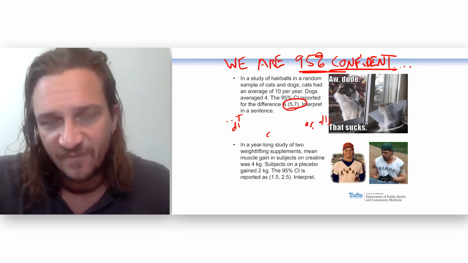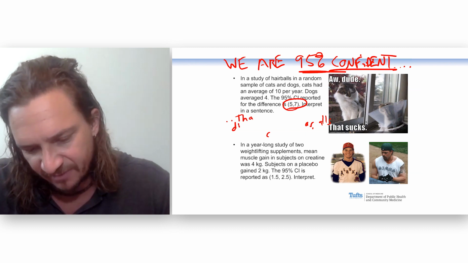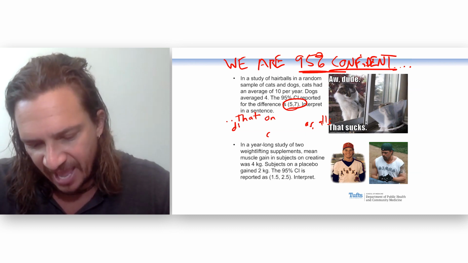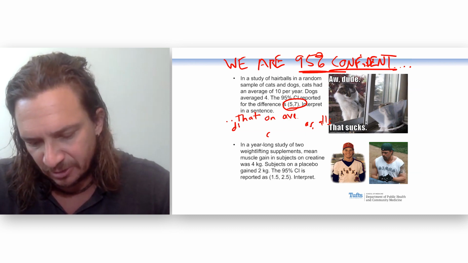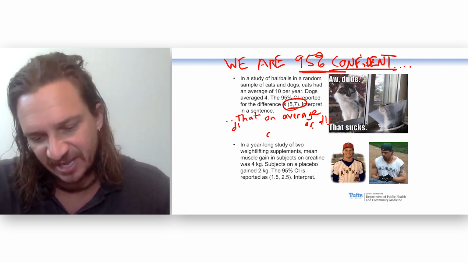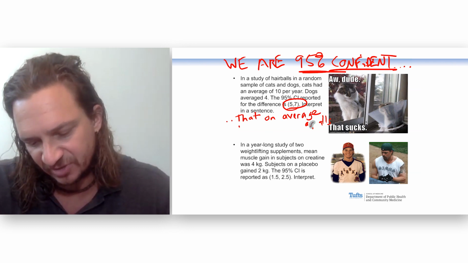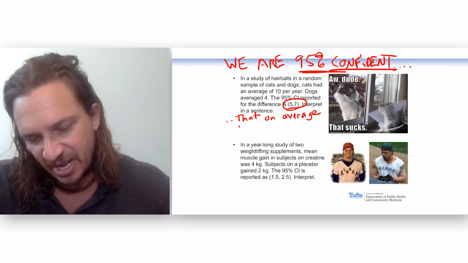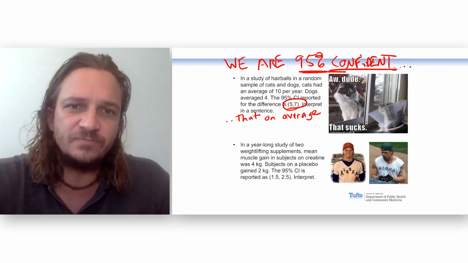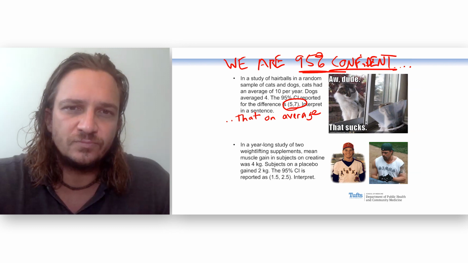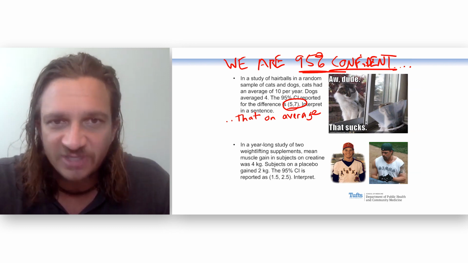So we are 95% confident that on average, remember, we're talking about the difference in population means here, so we need to say on the average. Now, how can we include directionality? Cats have 10, dogs have 4.